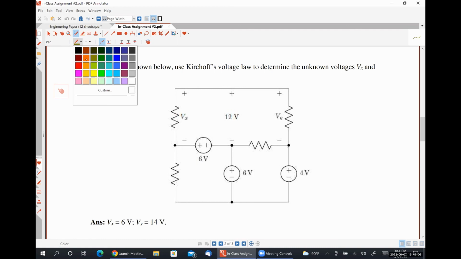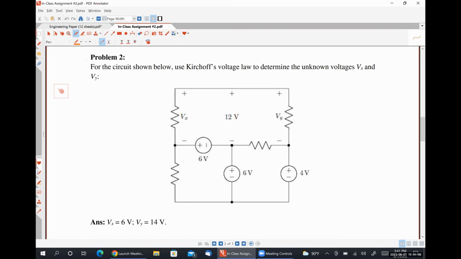I get a little confused with voltage drops, because it's not a part of a node per se.